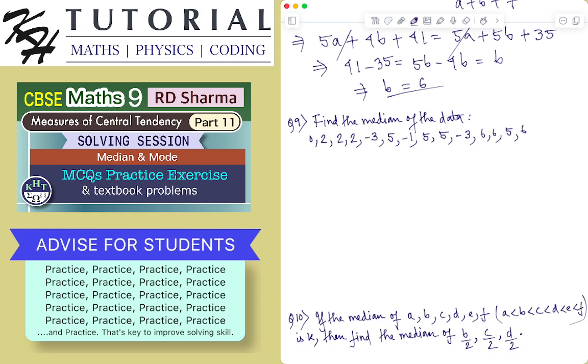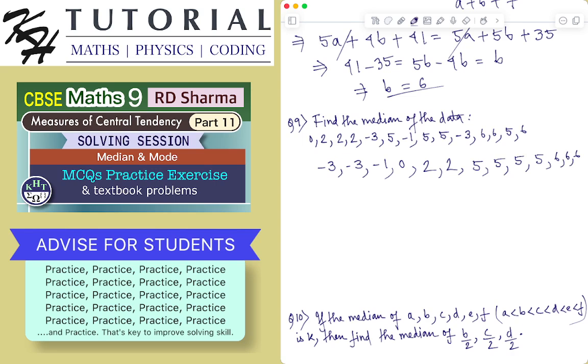So we have minus 3, we have 2 minus 3, and then we have minus 1, and then we have 0, and then we have 2, and then we have 5, and then we have 6.